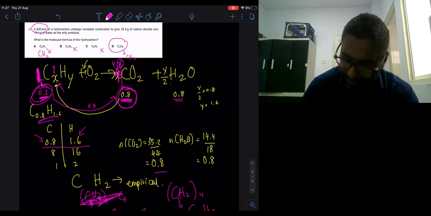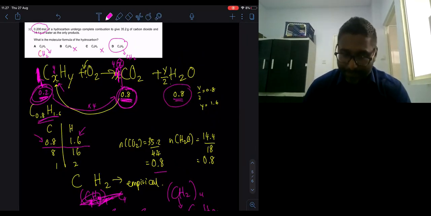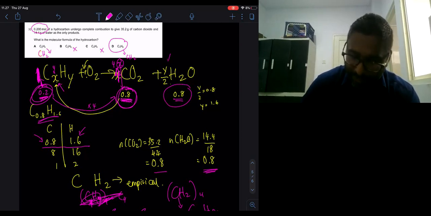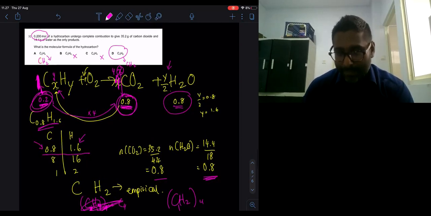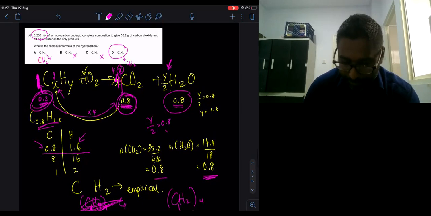Because you see here, the total number of moles is 0.8, correct? Here we counted just now 0.8. So I know that this is Y over 2. So I counted that Y over 2 equals 0.8. So I found Y equals 1.6.